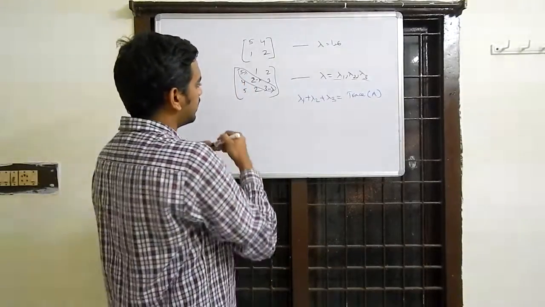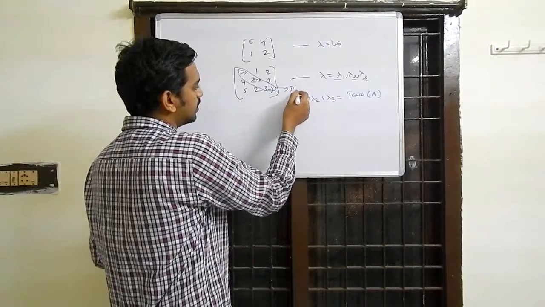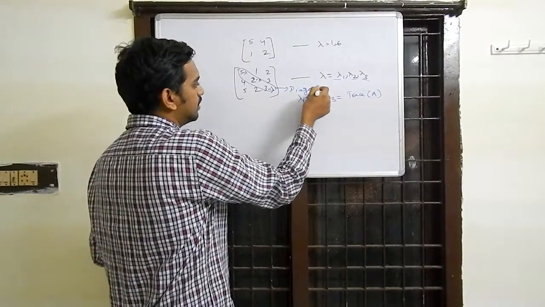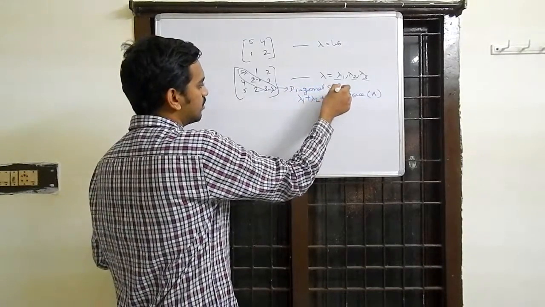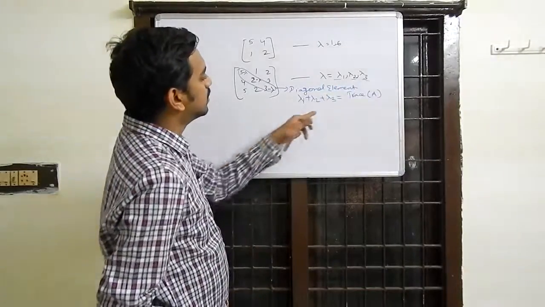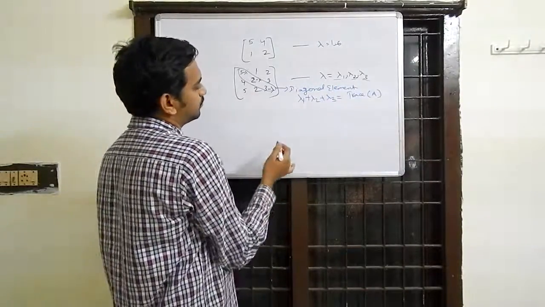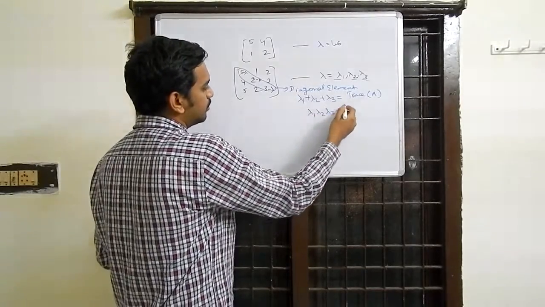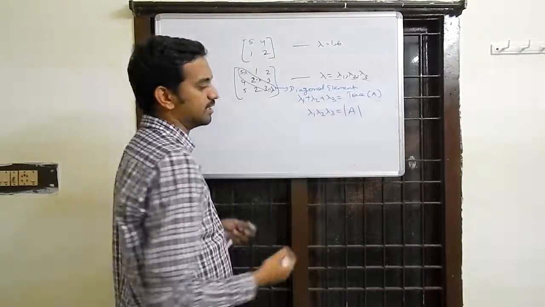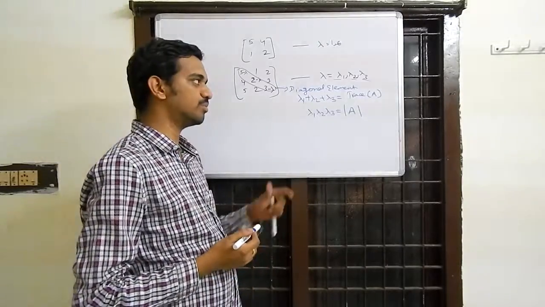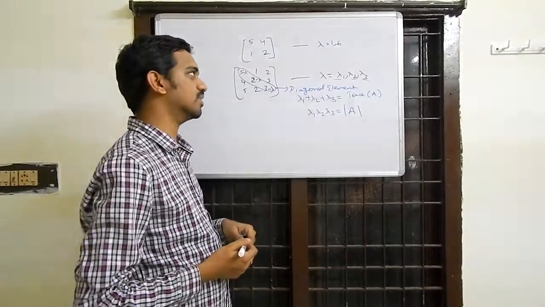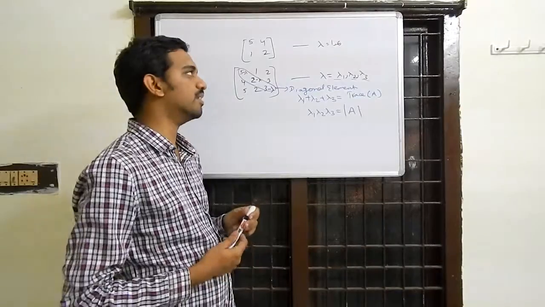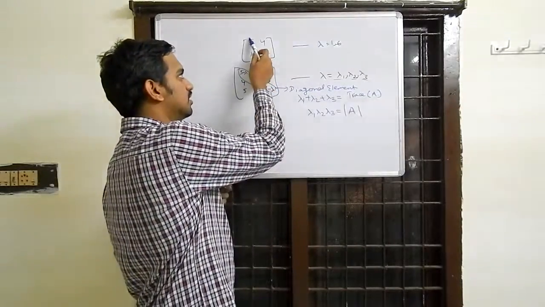Okay? The sum of the diagonal elements is nothing but the trace of a matrix. And the next one: lambda 1 times lambda 2 times lambda 3 is equal to the determinant of the particular matrix. If you use these two formulas, we can solve the problem. You can find out the values easily.